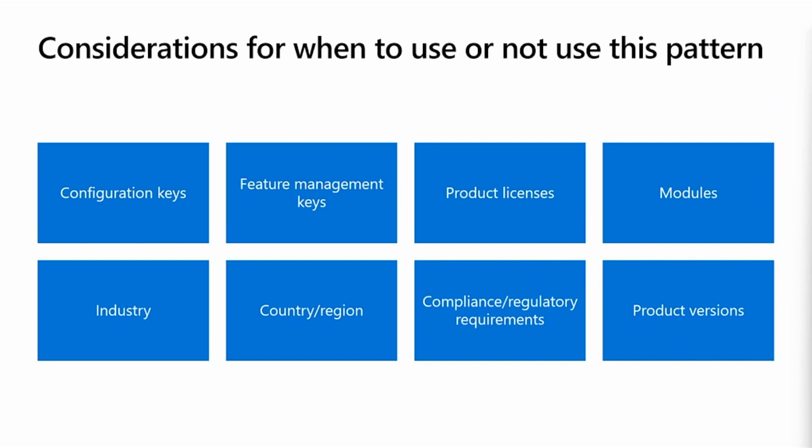You can also include product versions, but we ask that you only include a specific product version number, like 10.0.38, for example, for a preview feature or for products or versions that are rarely updated.